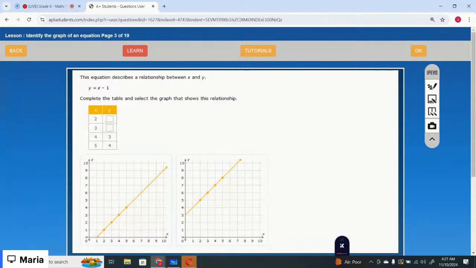This equation describes the relationship between x and y: y equals x minus 1. So which is the correct option?